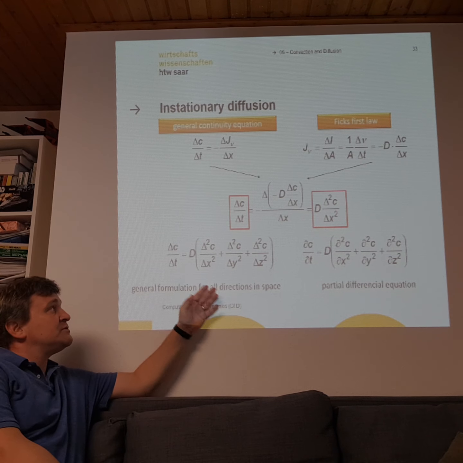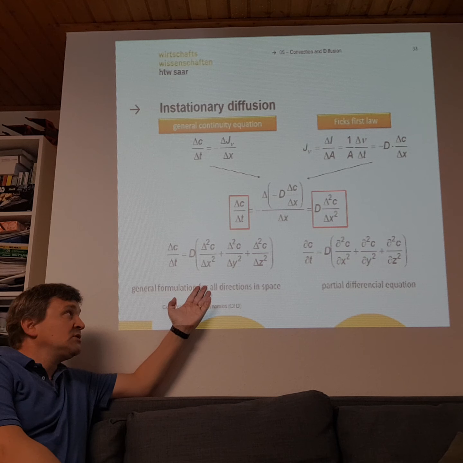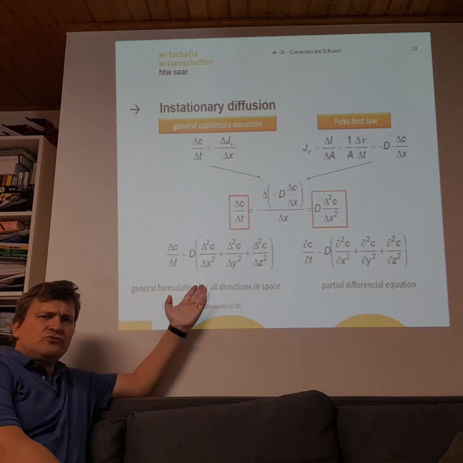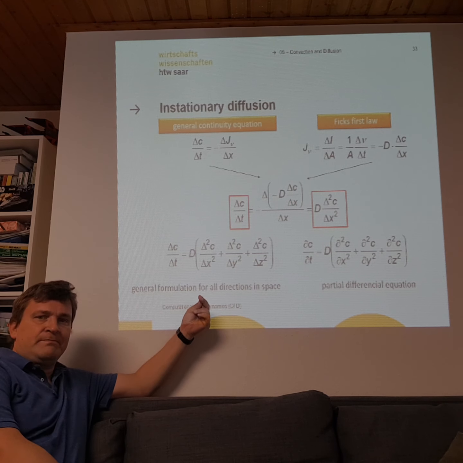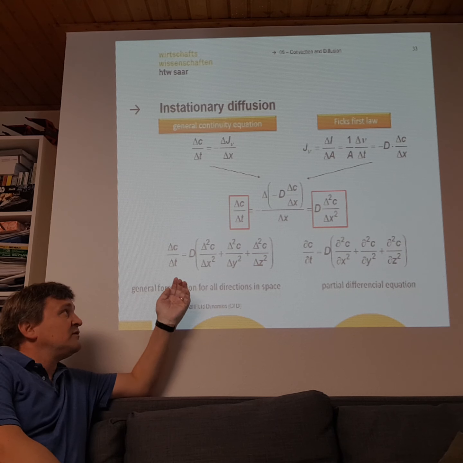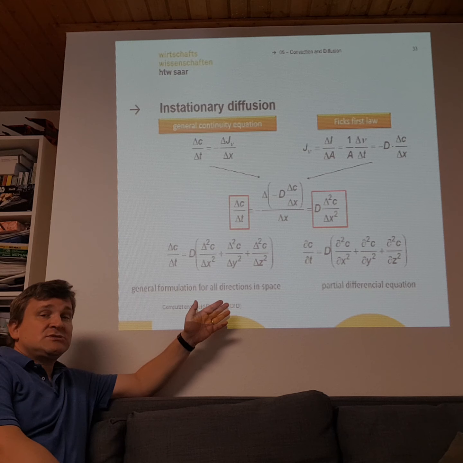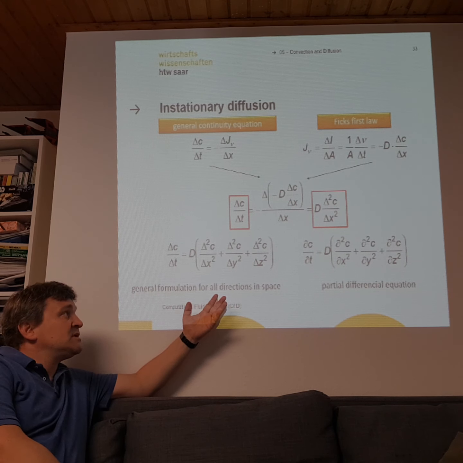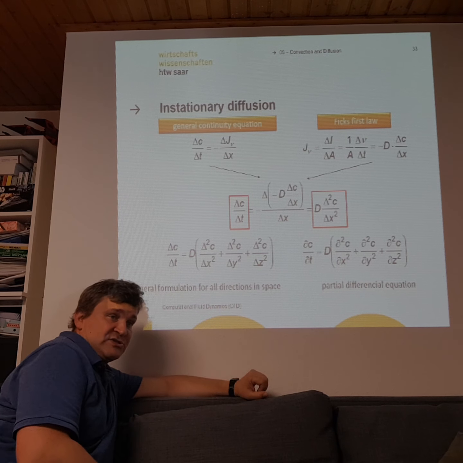Okay, so you will see Fick's law can also be formulated in different directions, and if you look closely at this equation, it looks really like our Navier-Stokes formulation of the diffusive term. So the formulation of Fick's law in three directions of a Cartesian coordinate system is the same term as the diffusive term in the Navier-Stokes equations.